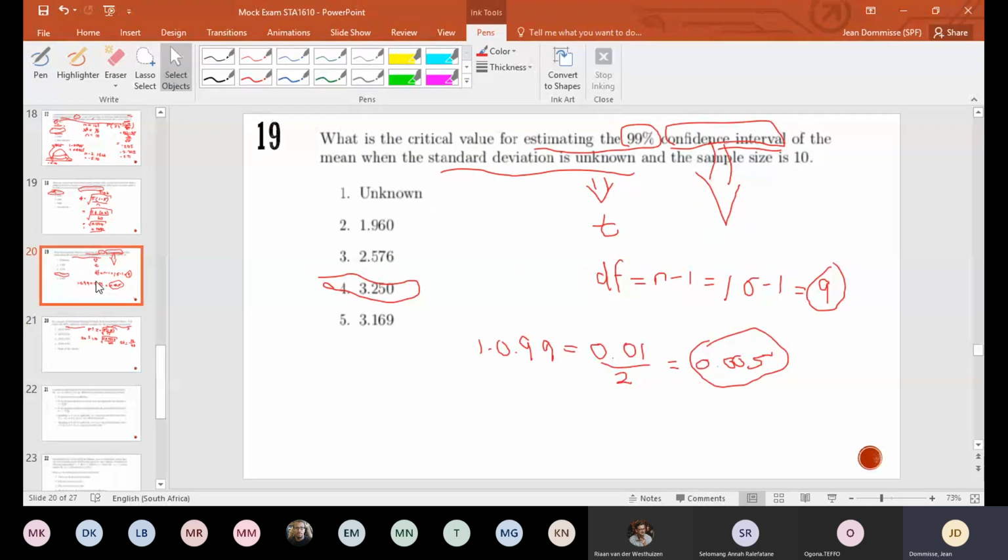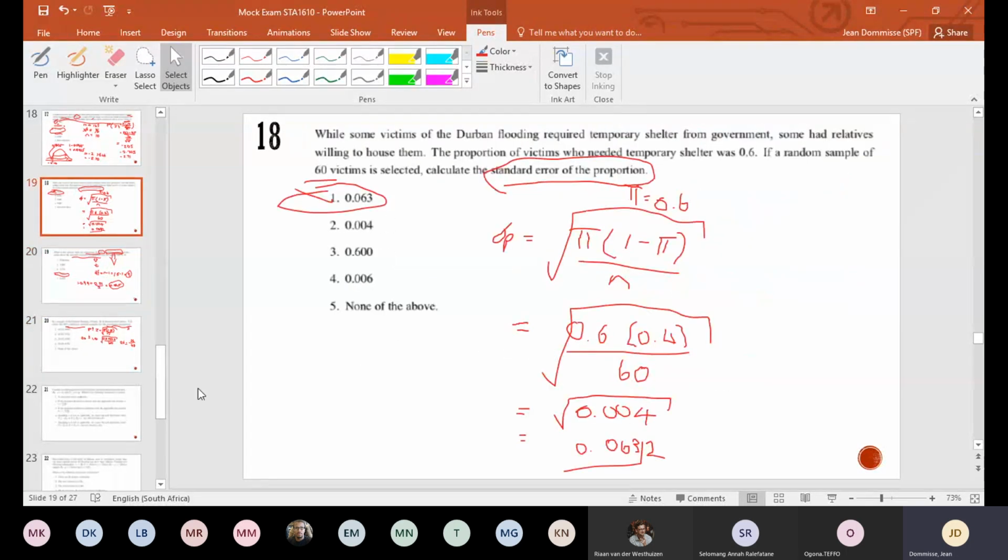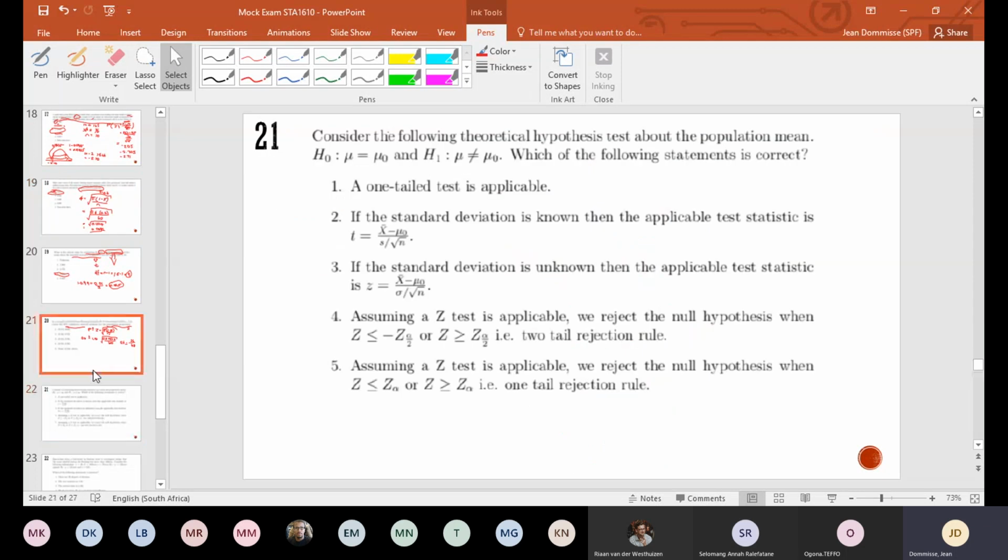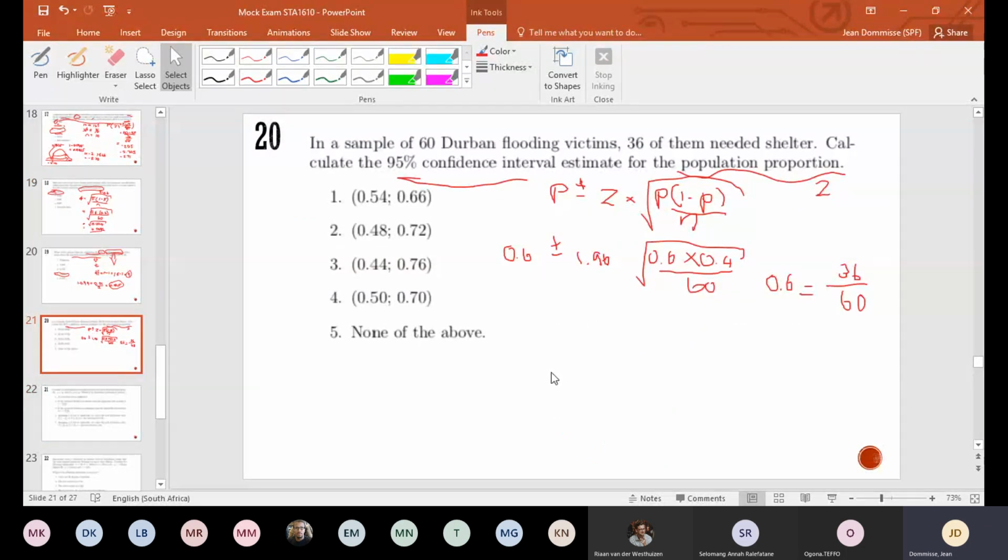Did we do it? So we did do it there. Okay. So just to make sure again, 0.6 times 0.4 divided by 60 is 0.004. So again, if we take the square root of that, we get, and now again we need to just make sure what the rounding off will be.